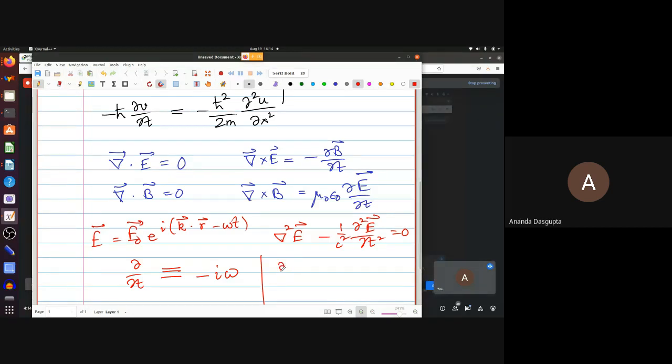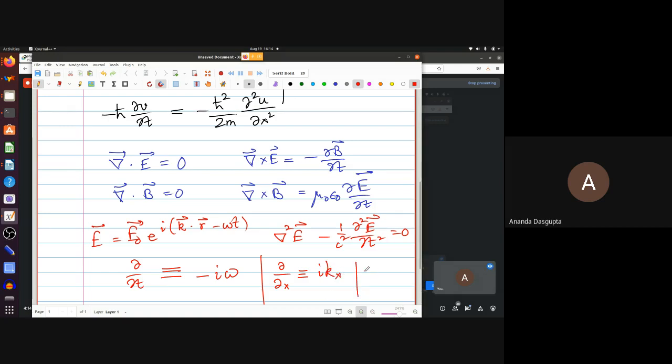If you are only confining yourselves to exponential solutions like this, what would del x be? If you were to differentiate this partially with respect to x, remember the x here is in the k dot r. K dot r is kxx plus kyy plus kzz. So this will basically be the same as multiplication by ikx.